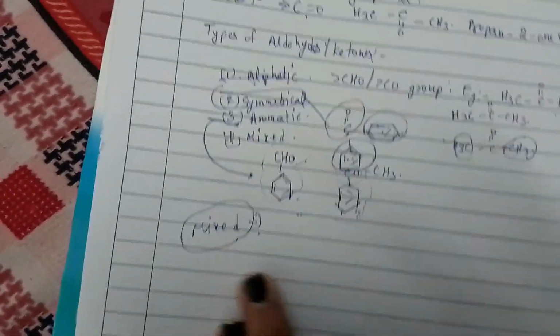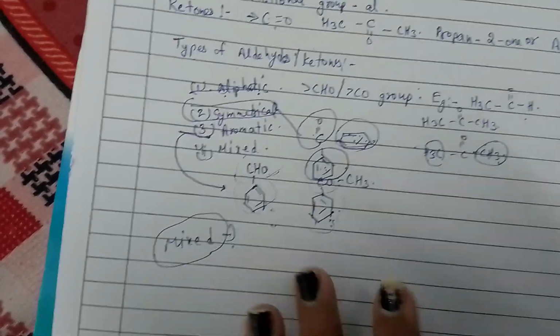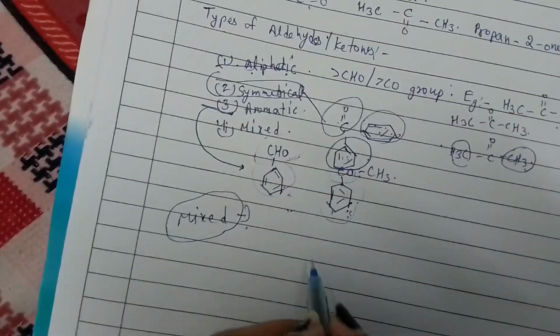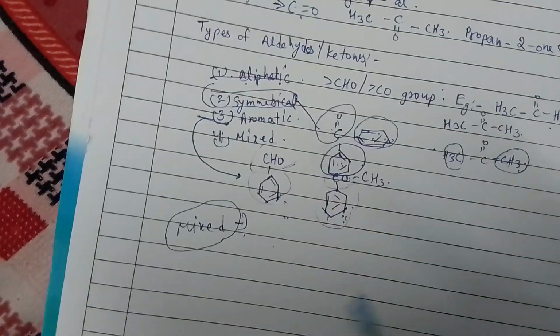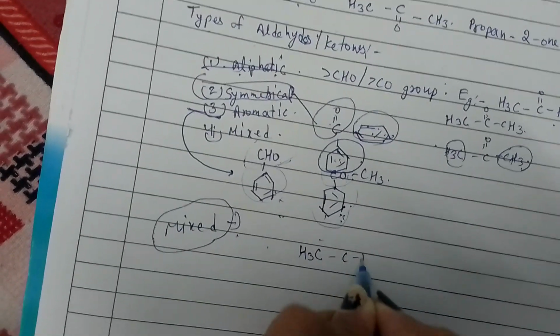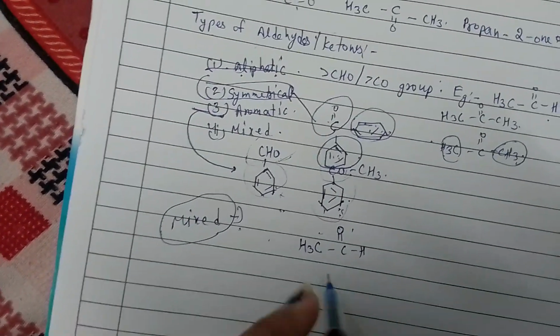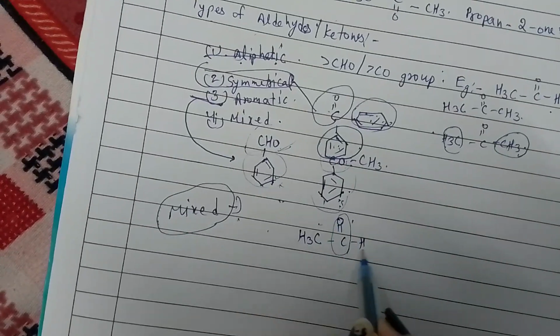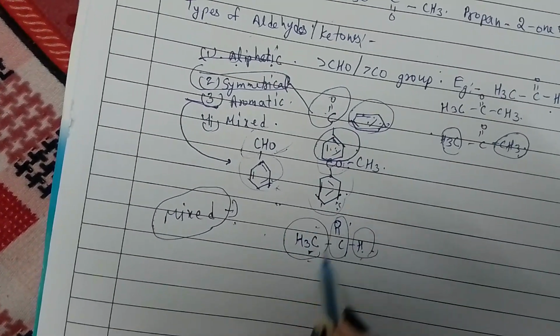In mixed aldehyde or ketone, we will see that different groups are attached to the aldehyde or ketone. For example, CH3 C double bond OH. In this example, we can see that two different groups are attached, here H and here CH3.